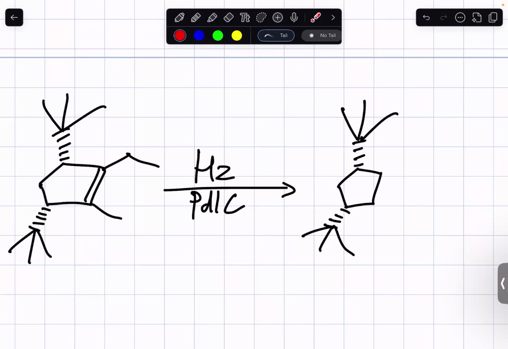Think about if this ethyl and methyl group would be a wedge or a dash, and think about the surroundings, the stereoselectivity, and the mechanism as well.